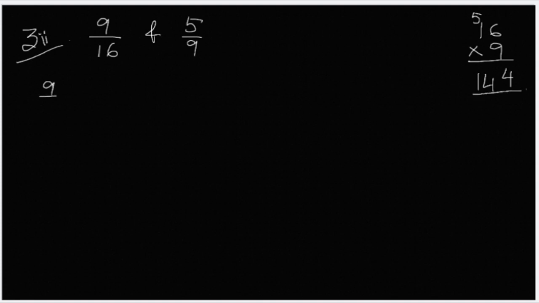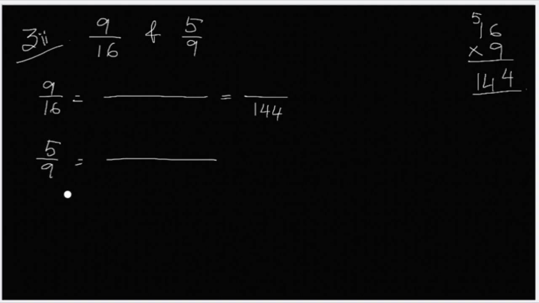So for 9 by 16, we have to do some multiplication so that the denominator becomes 144, and again 5 by 9, again some multiplication to be done to make it 144. So 16 multiplied by 9 will become 144.